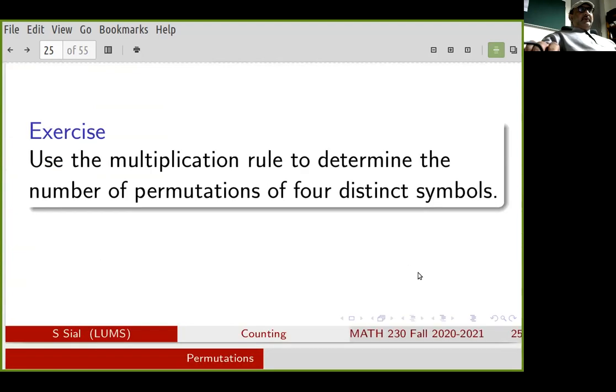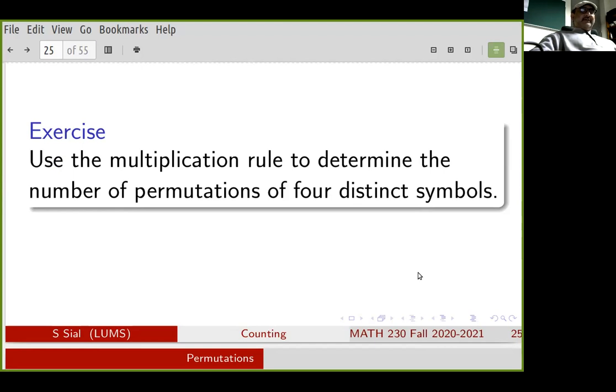Okay. Well, what if I had 4 symbols, not necessarily letters? I have 4 distinct symbols. I'm just going to write them in a row, as if I was writing a word, and I just write them all together. So I have to pick a first symbol, a second symbol, a third symbol, and a fourth symbol.